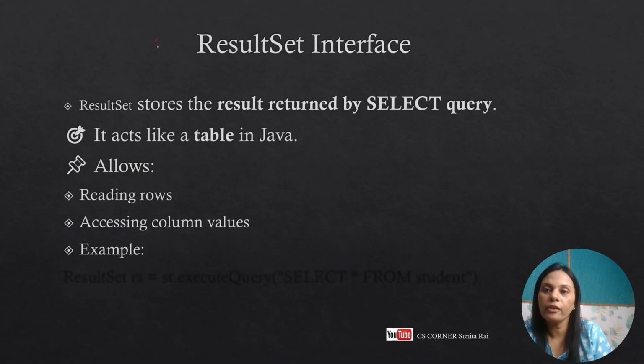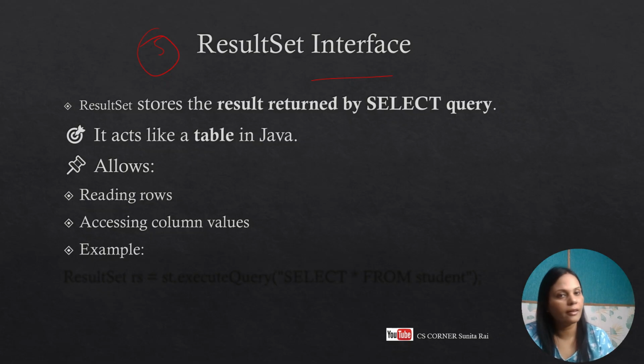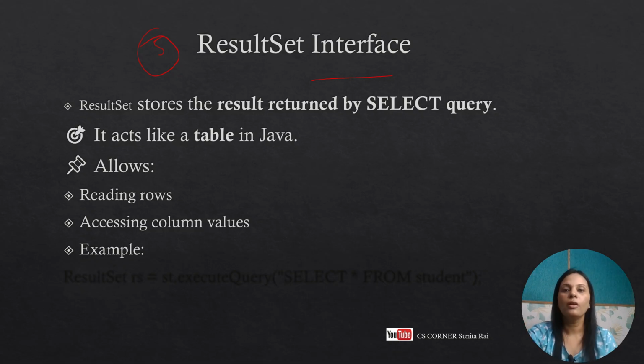Now my last component is what? Result set. Again, result set is not a class, it is an interface. Only one class we have, that is driver manager. So what is result set? As the name implies, it stores a set of results. Just imagine you have written one query in SQL, select star from employee. You will get all the data of employee.